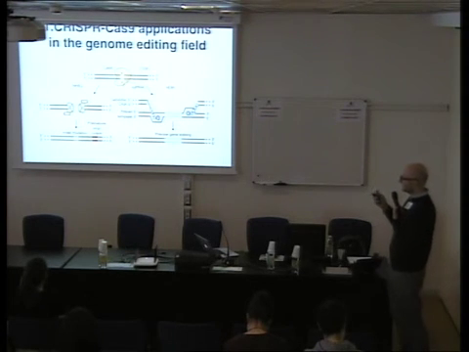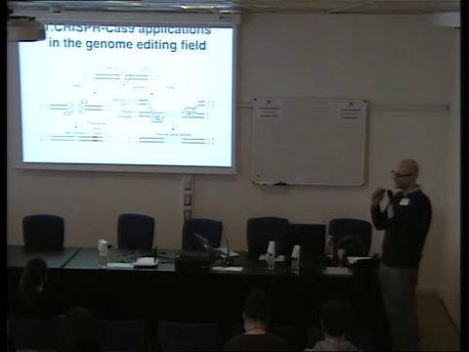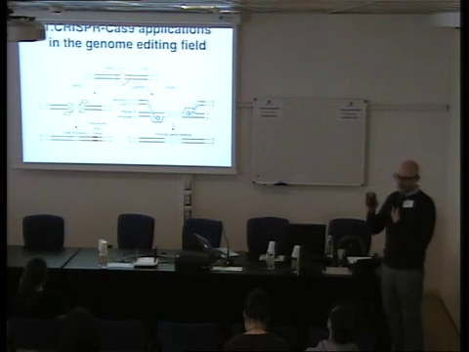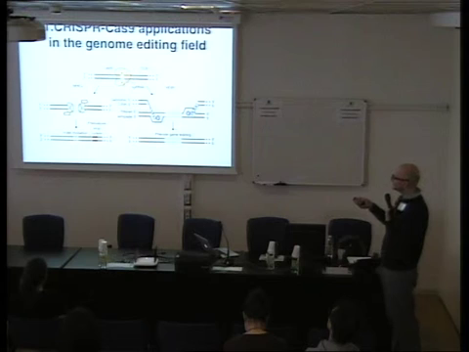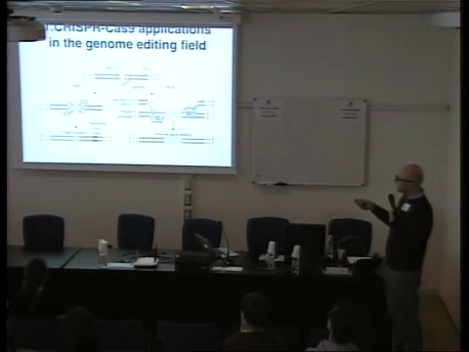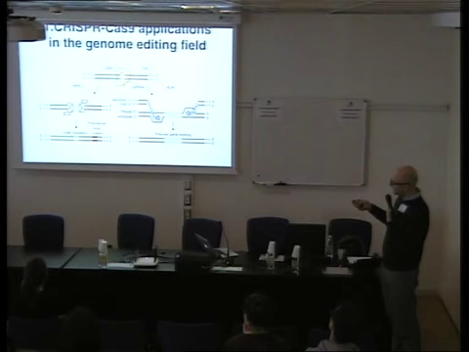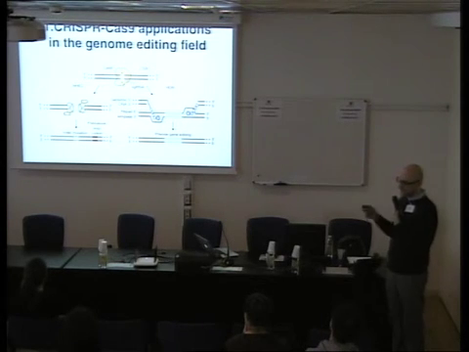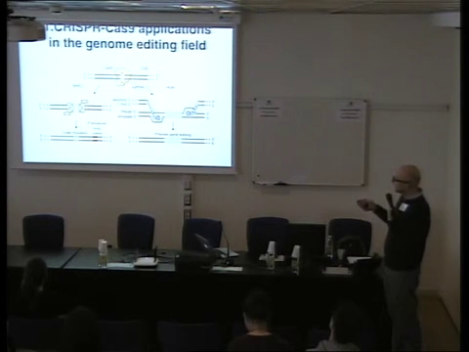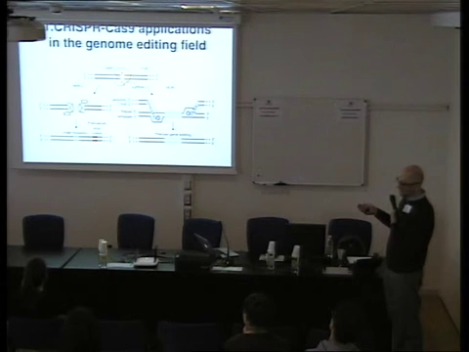So the typical application of Cas9 is to knock out a gene. So what you do is, this is your target, for instance. You design this sequence, the blue sequence, the sequence of RNA that is complementary to the DNA. And by expressing the Cas9 protein and the guide RNA, you create a double-strand break.